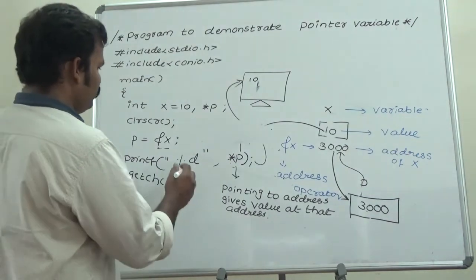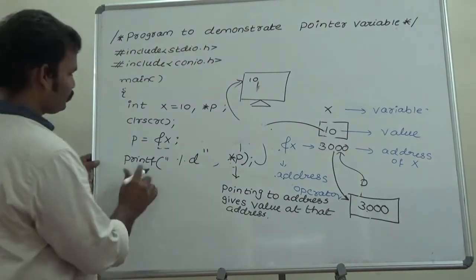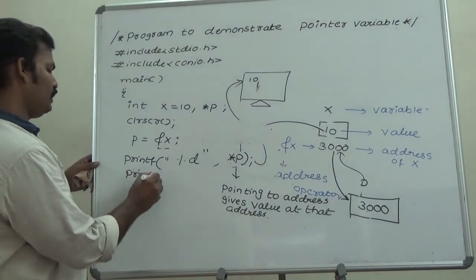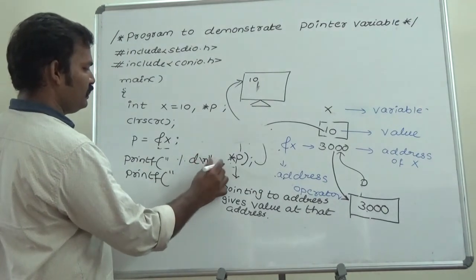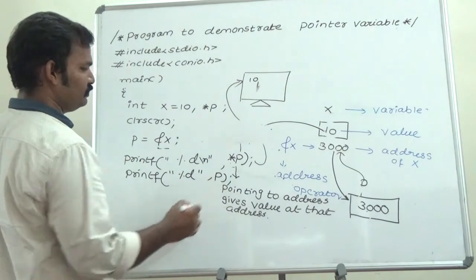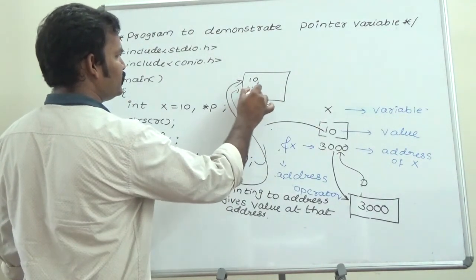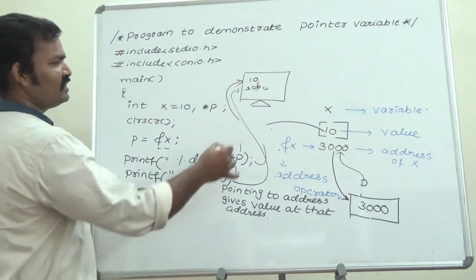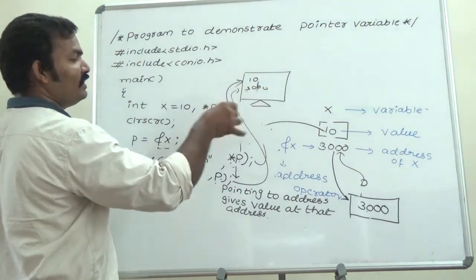But suppose you are writing like this: printf percent d backslash n comma printf percent d comma p. Now this statement prints only the address, 3000. So p means it prints the address, and star p means it prints the value at that address.